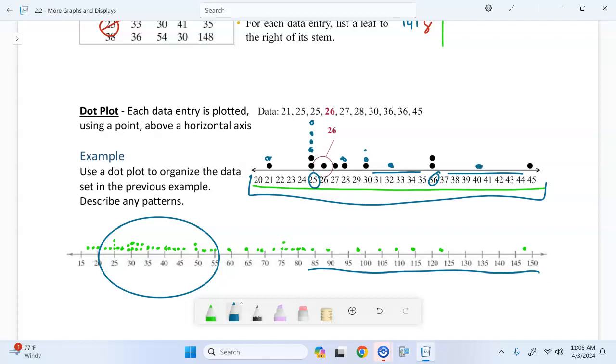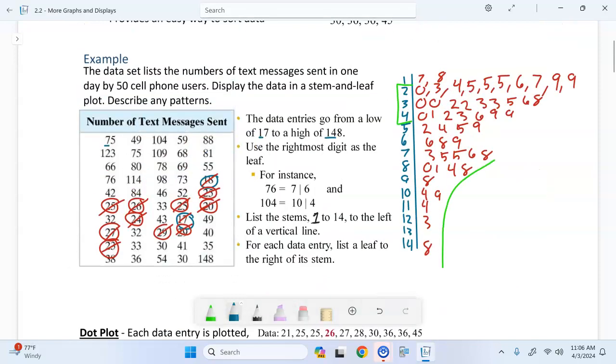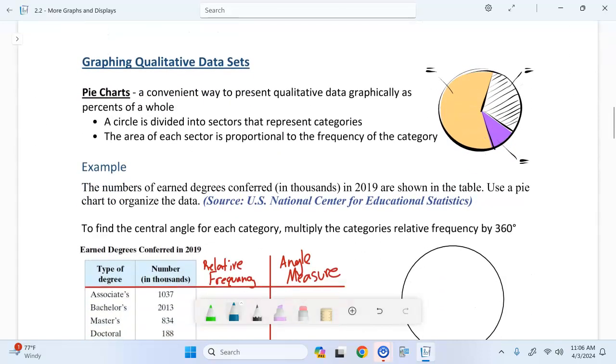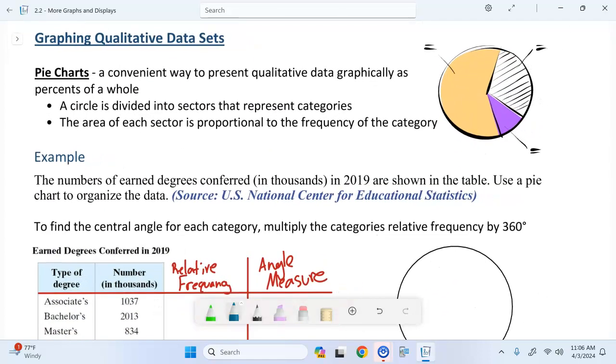Okay, even if I have more dots, yeah, it's going to take more time, I have more data, but it still allows me a quick way to look at specific values versus the stem and leaf, which lets me quickly look at groups of values. Okay, so two different ways to kind of display. And again, it's going to vary based on the needs as well as how your data is distributed.